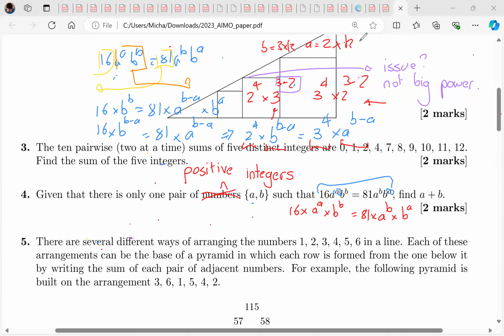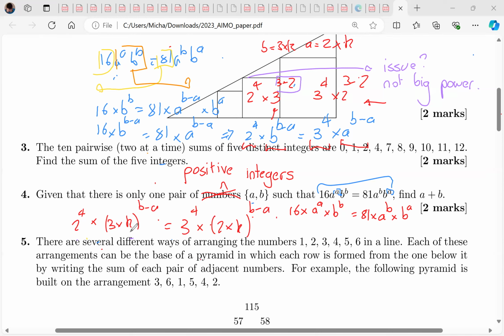Could we see how we'd motivate that? If b is 3 times k, it's going to be 2 to the 4 times 3 times k to the b minus a, equal to 3 to the 4 times 2 times k to the b minus a.